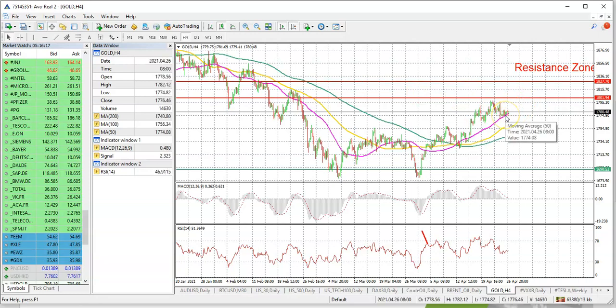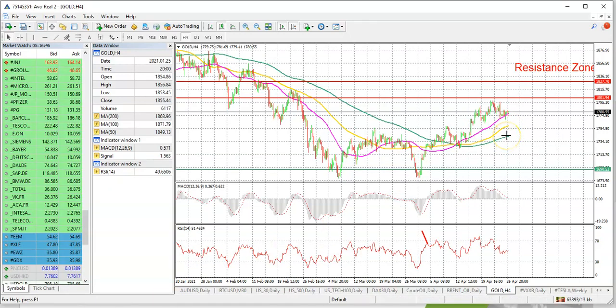And if we do see a break to the downside, then the price is likely to come towards its 50-day simple moving average, which is trading at 1758. Looking at the price action, given that we have formed a consolidation or sideways pattern, it is likely that we may see a break to the downside towards the 50-day simple moving average.